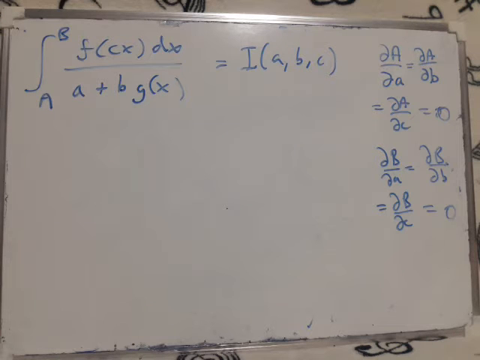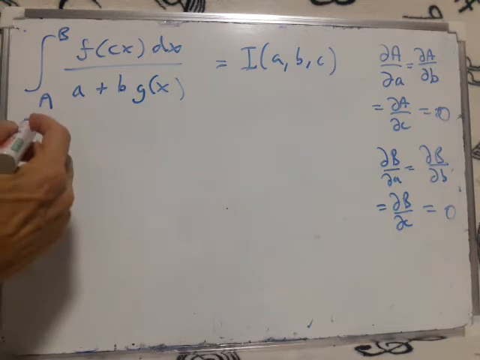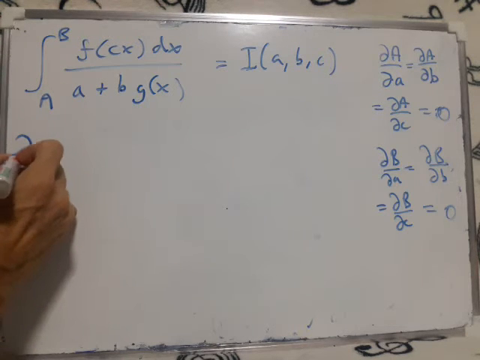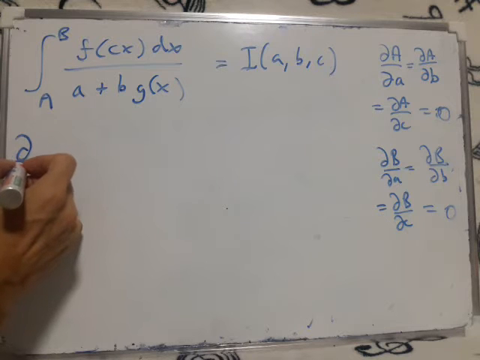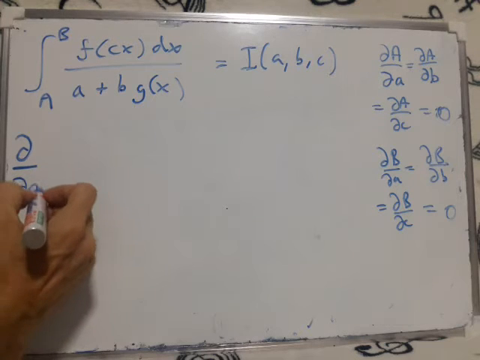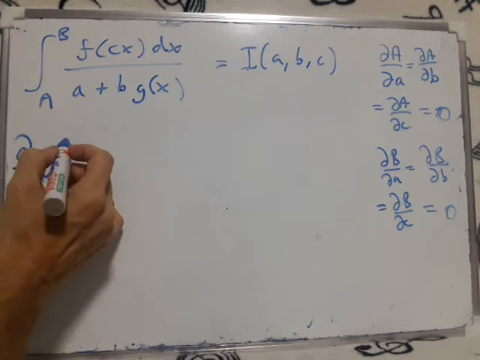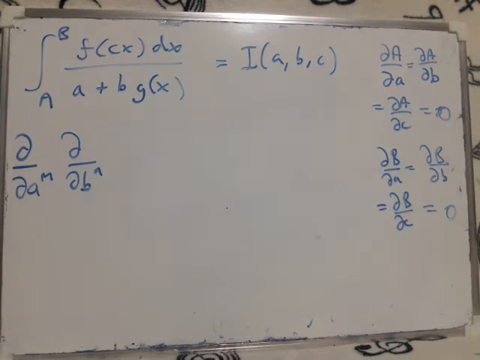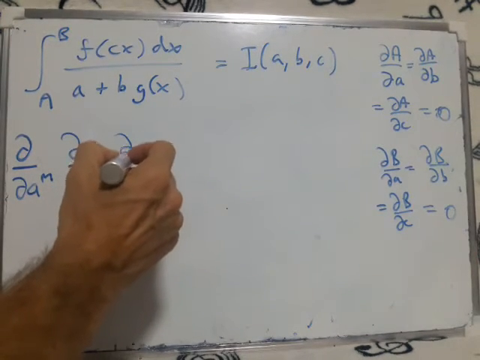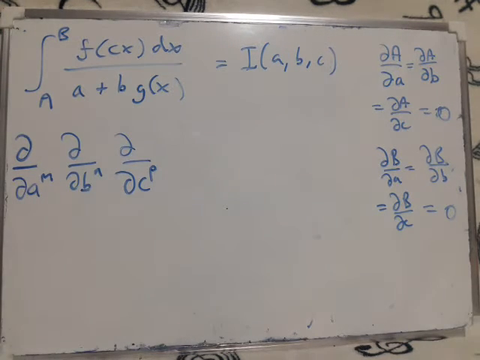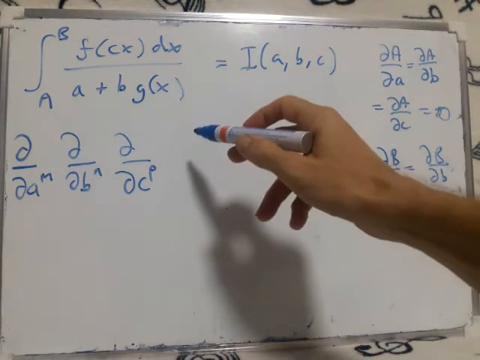So basically what that means is that we differentiate. I'm going to use this notation: I can just apply d by dA m times, d by dB n times, and d by dC p times to both sides.